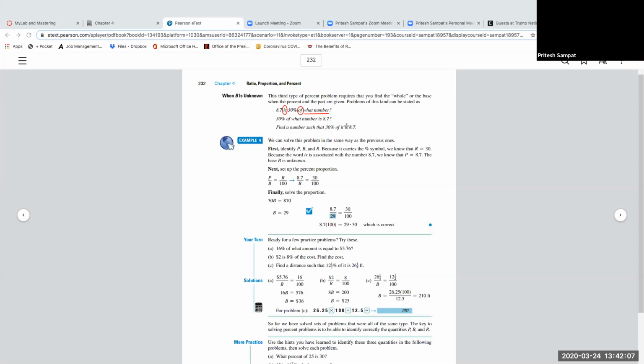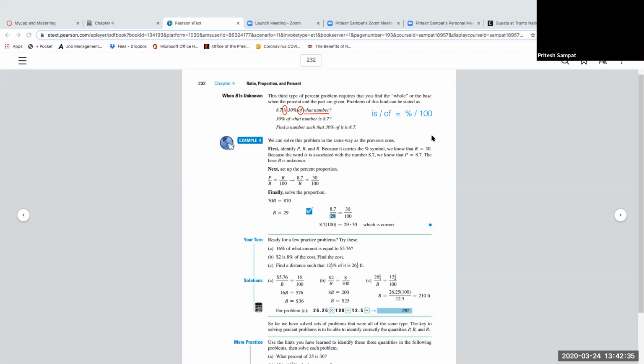But it's because you have is and of in that arrangement. I'll use this setup. Let's see. So we'll have is divided by of is equal to percentage over 100.